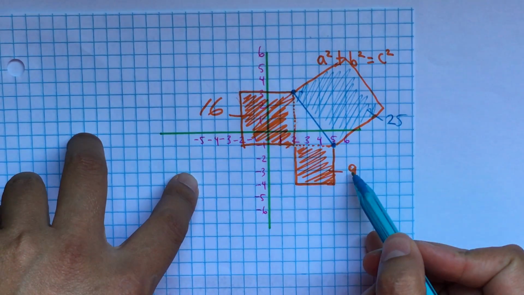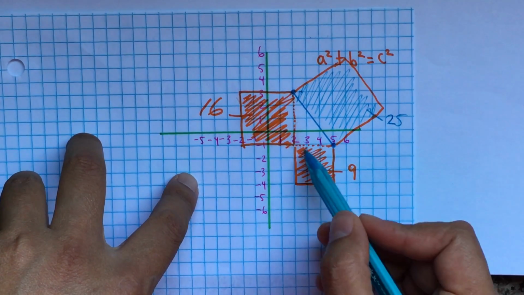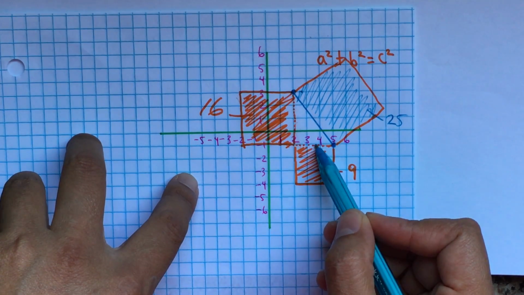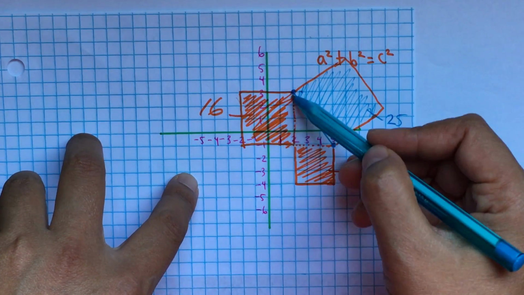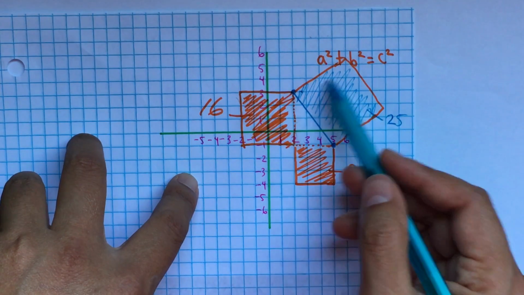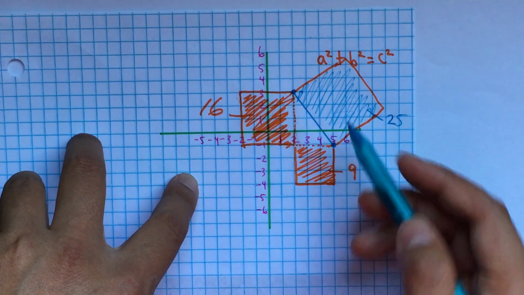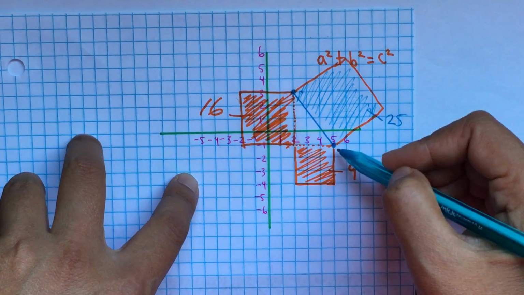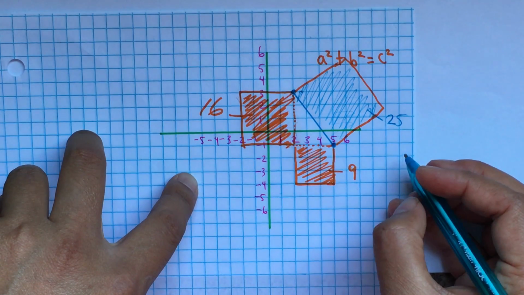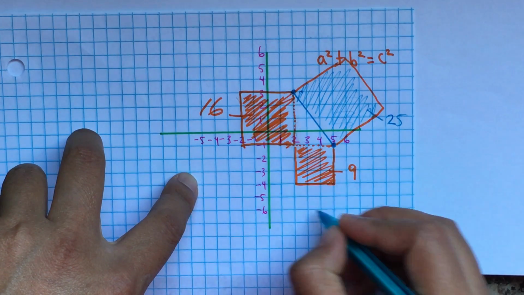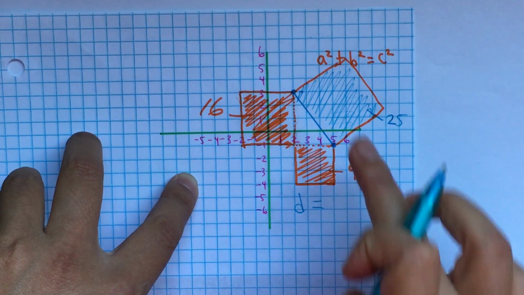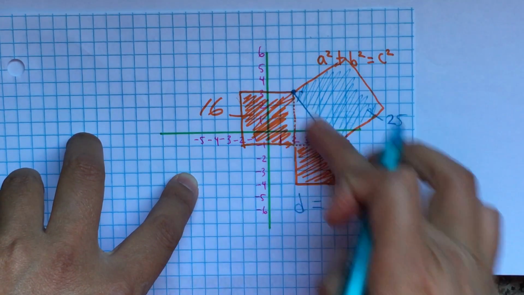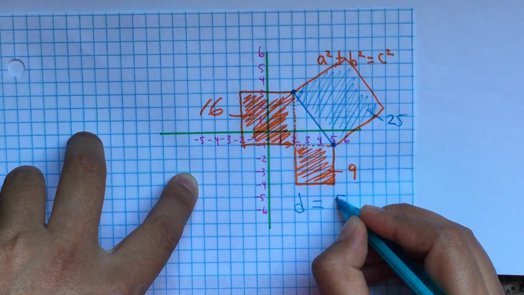And okay, if this area is 9, this side is 3. The area in here is 16, the side is 4. So if the area in here is 25, that means that the side is going to be 5. Okay, so the distance of that line is going to be 5.